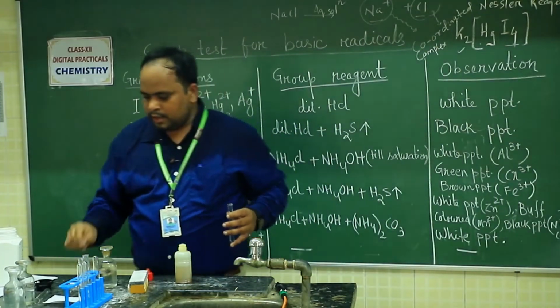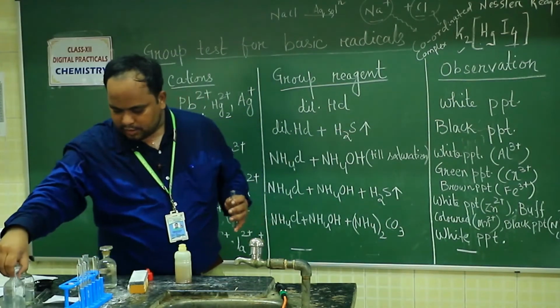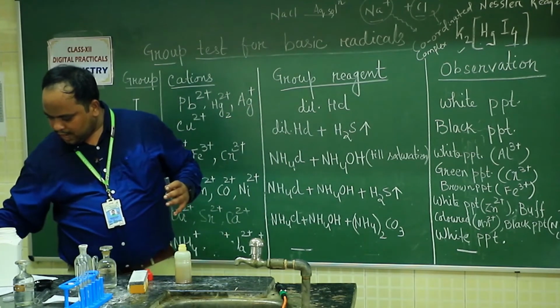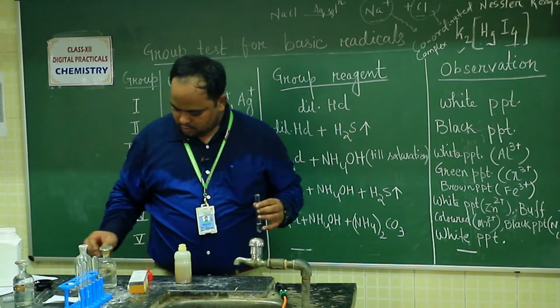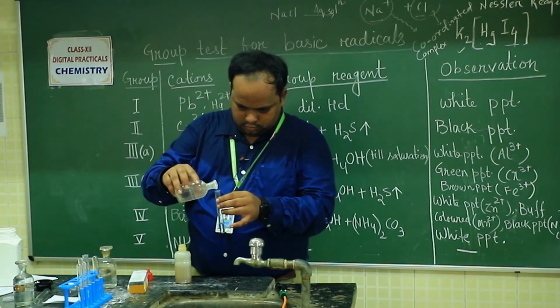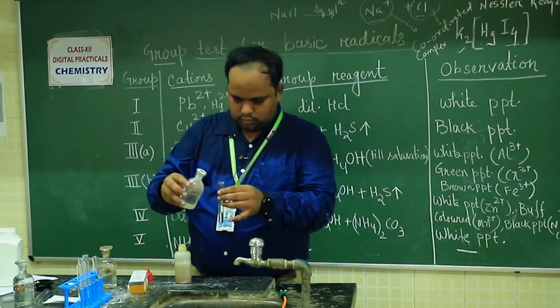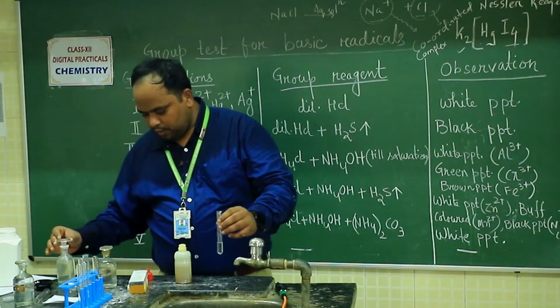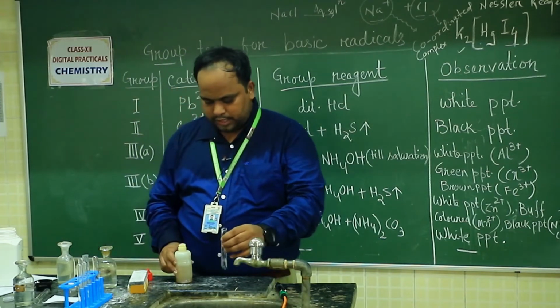Whenever you are adding Nessler reagent, before adding Nessler reagent, you have to add 1 to 2 drops of sodium hydroxide to this. Just add sodium hydroxide to this. Then you add Nessler reagent.